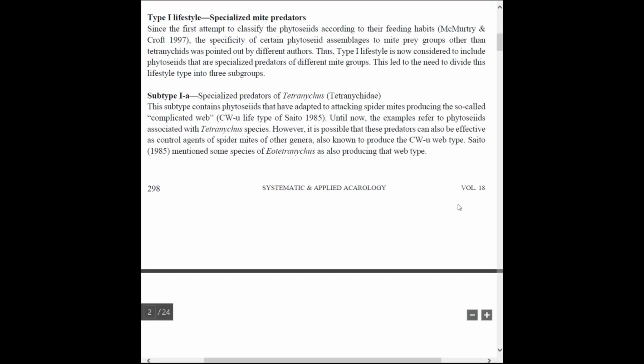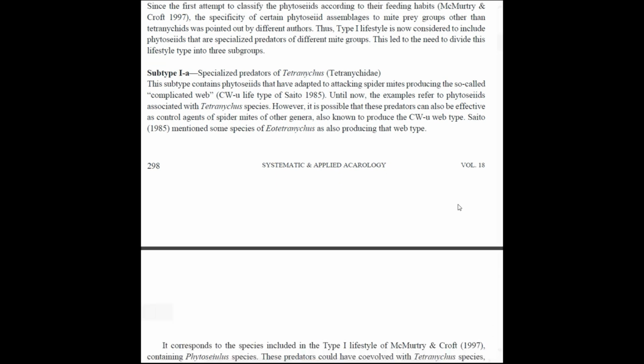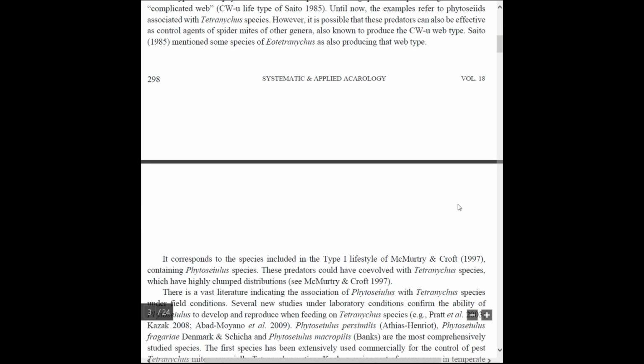Type 1 lifestyle: specialized mite predators. Again, subtype 1A, specialized predators of Tetranychus, and that usually refers to predators that are effective against those that produce this CW type. CW stands for complex web. It's kind of like a type of web, like spiders make different kinds of webs.